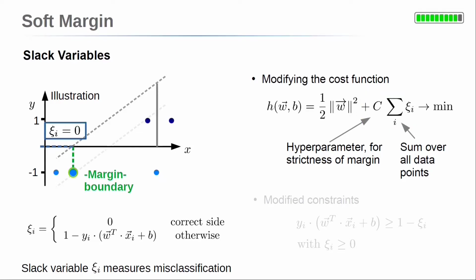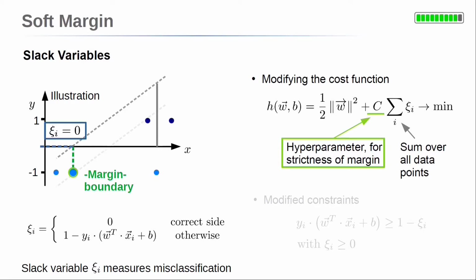So minimizing the cost function needs to balance the maximization of the margin and at the same time not too much violation of the separation of the classes. The new hyperparameter C specifies this trade-off.